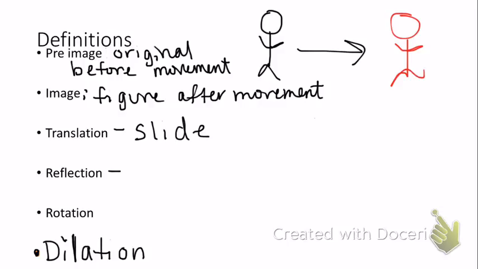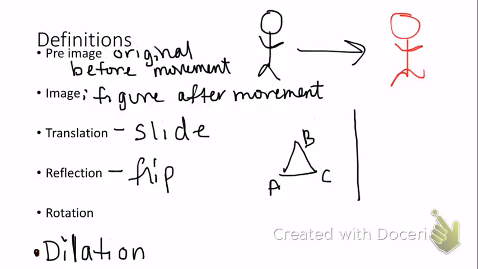A reflection is like if you look in the mirror. So if we have, let's say, this triangle, and we reflect it over this line, which means we're going to flip it.